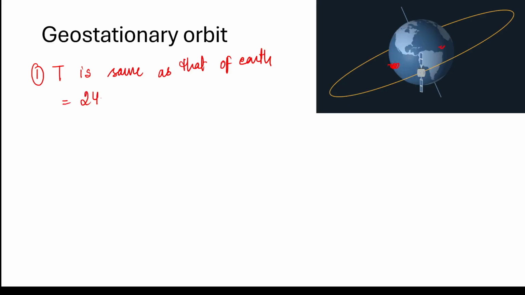Second special thing, what do you notice? What is the location of the satellite? It's in the equatorial plane, so this is around the equator. That is an important point about a geostationary orbit.